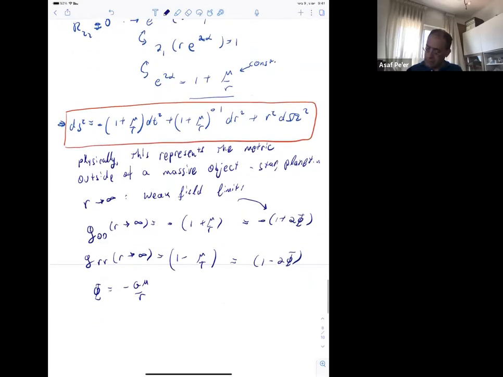So we find that we retrieve the Newtonian metric, the weak field limit, if we plug in mu equal to minus 2 Gm.